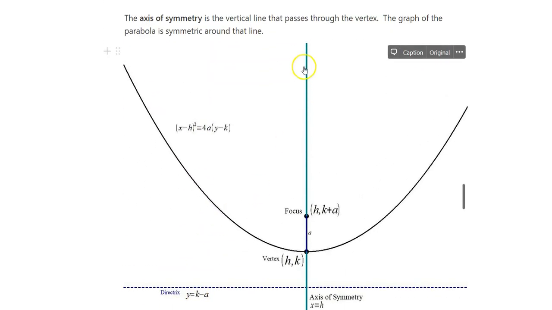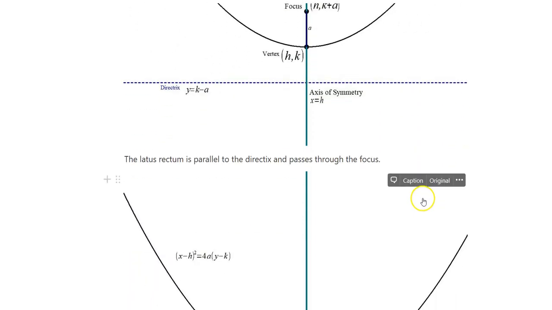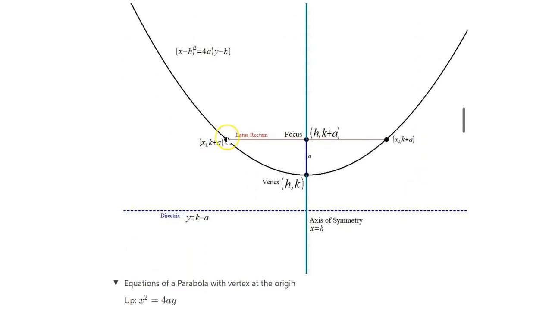We also have the axis of symmetry, which is running along through the focus and the vertex. And notice that that's perpendicular to the directrix. And we also have this latus rectum line segment, and that is passing through the focus and has 2 points that are on the parabola.